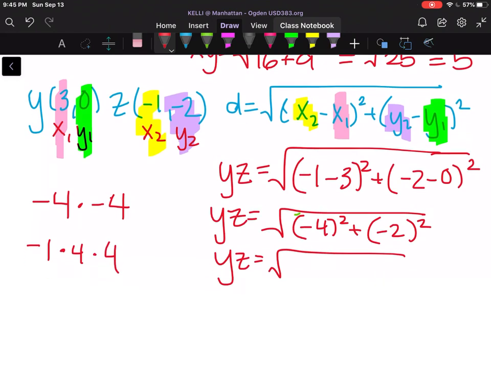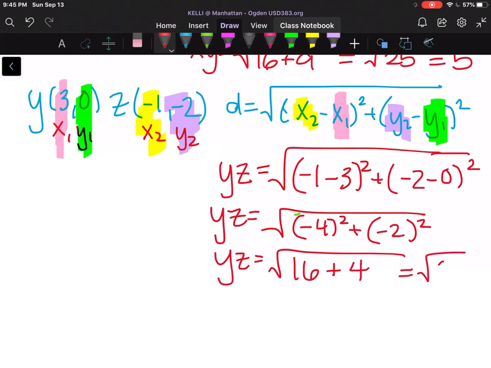And you end up with a negative. So make sure that you're using parentheses if you've got a number that you can't do in your head. So -4 squared is 16, plus -2 squared is 4. So we end up with square root of 20.